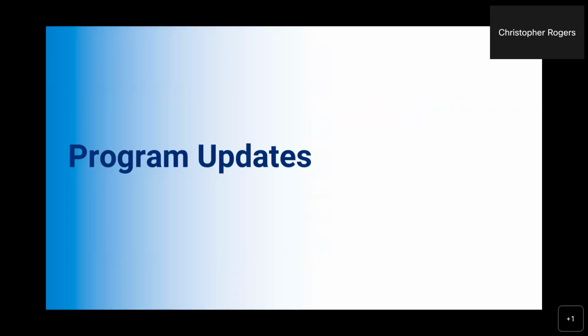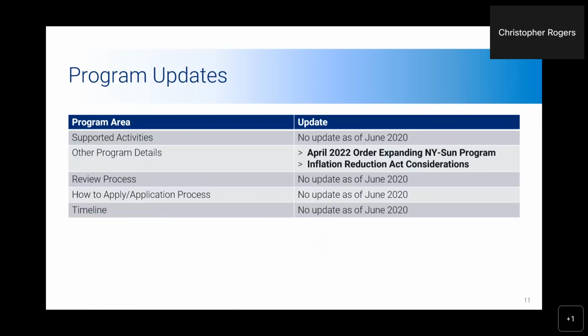The next section, which I want to spend some time on, will be talking about updates themselves. The big news for this year from a NYSERDA perspective was the order expanding the New York Sun program. That's what I was referencing, where the overall installation target increased to 10 gigawatts of installed capacity by 2030. It's a significant increase from 6 gigawatts of installed capacity by 2025.